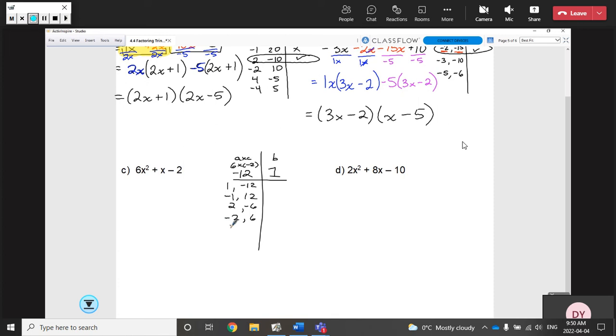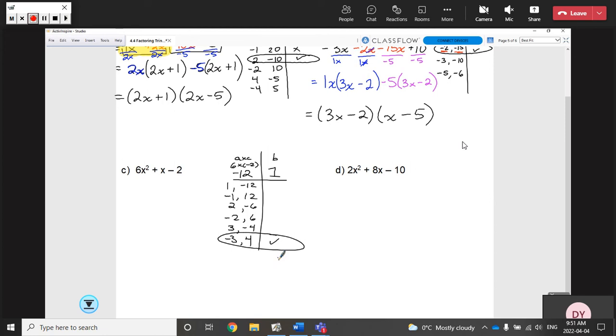The 3's, 3 and negative 4, and negative 3 and positive 4. I think that's all of them, because I think they just kind of go backwards after this. So which one of these adds to positive 1? Oh, here we are. That's the one that adds to positive 1.